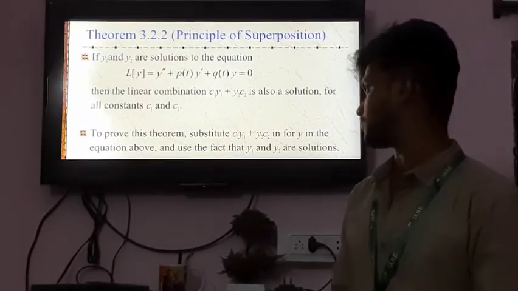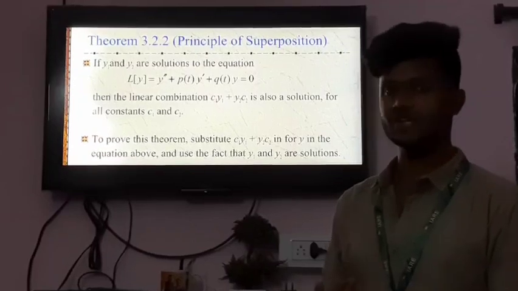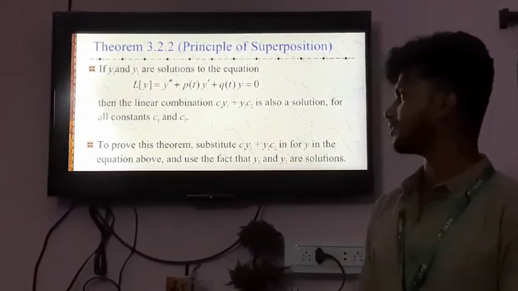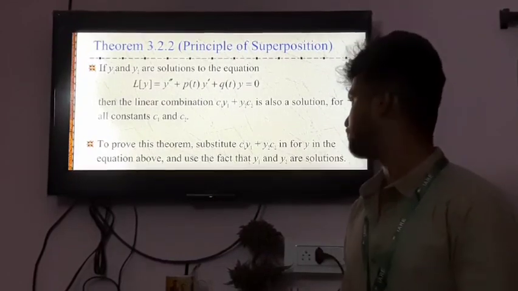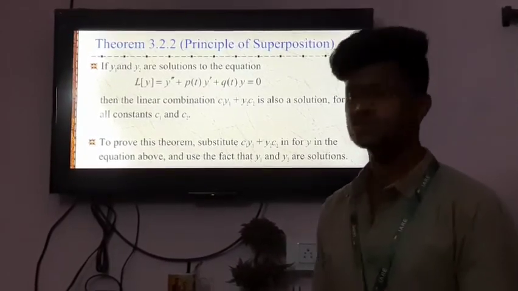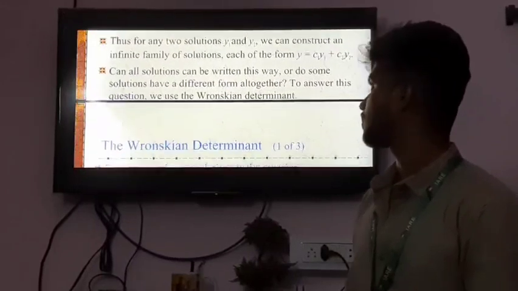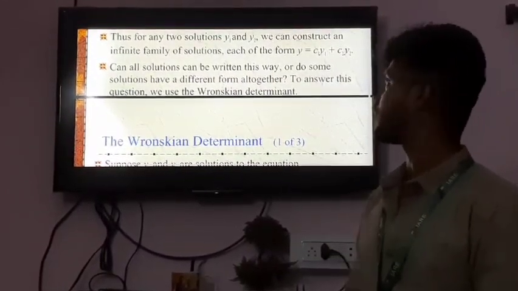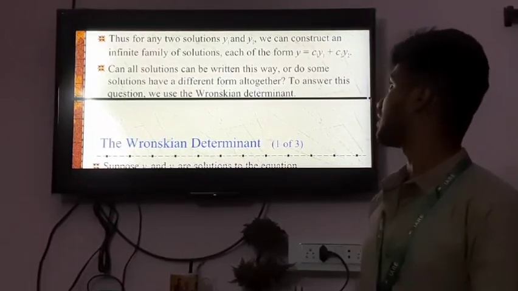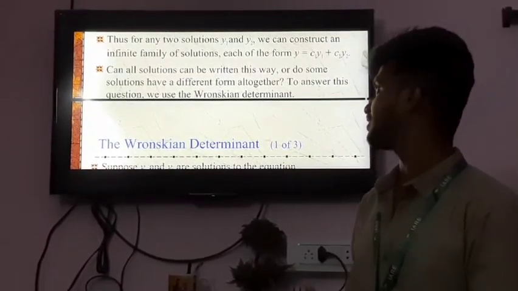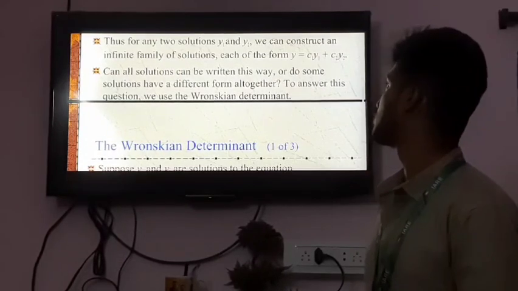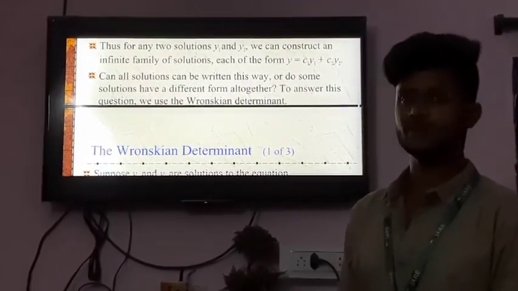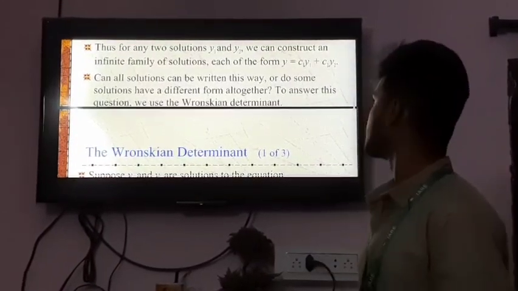To prove this theorem, substitute c1 y1 plus c2 y2 for y in the equation above, and use the fact that y1 and y2 are solutions. Thus, for any two solutions y1 and y2, we can construct an infinite family of solutions, each of the form y equals c1 y1 plus c2 y2.